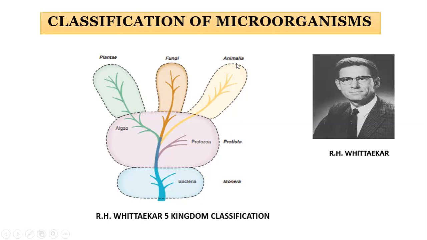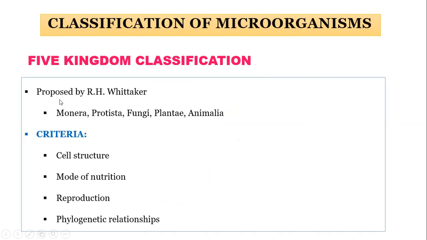And then Animalia includes animals. So the five kingdom classification proposed by R.H. Whittaker includes kingdom Monera, Protista, Fungi, Plantae, Animalia. These have been categorized based on the cell structure, mode of nutrition, reproduction, and phylogenetic relationship.